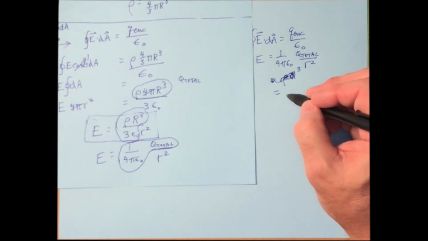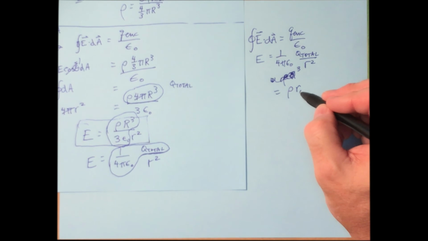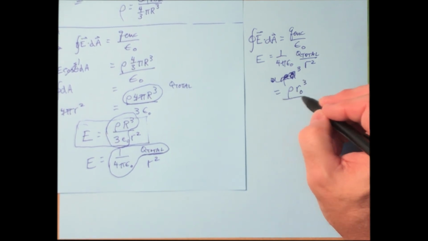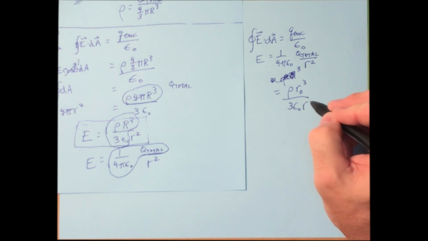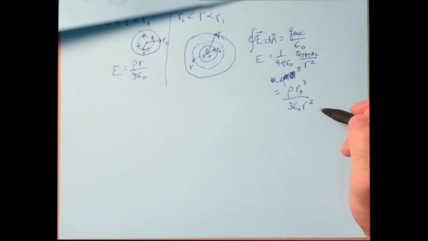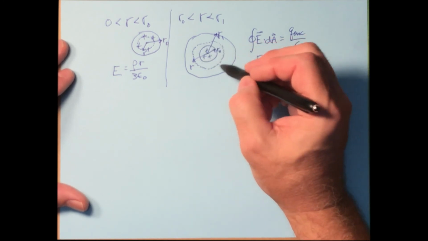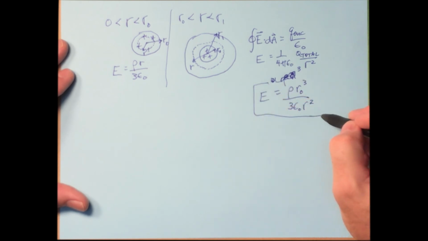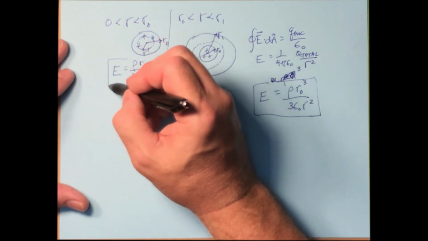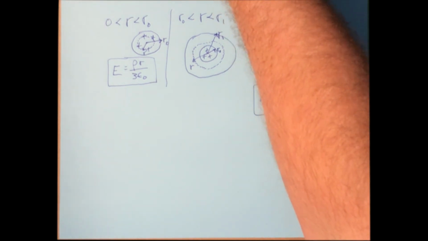That's rho little r naught cubed divided by 3 epsilon naught little r squared. Okay, so this is E for that central region between R0 and R1. So we've got that, and we've got that, and that's the two regions so far that we've considered.